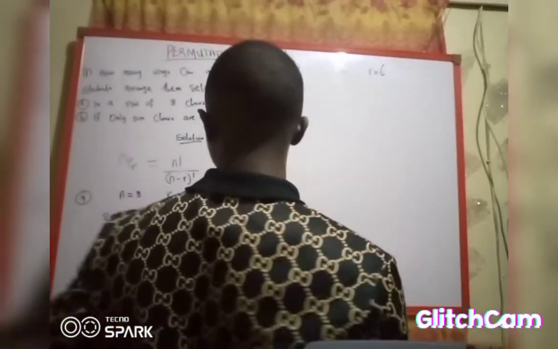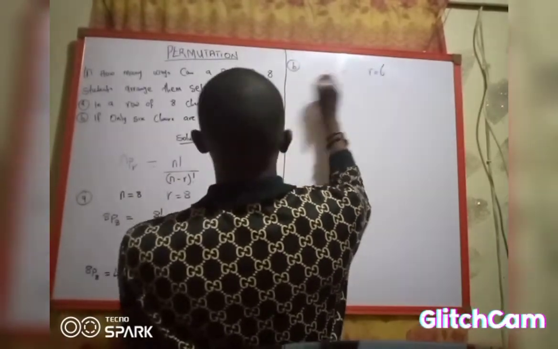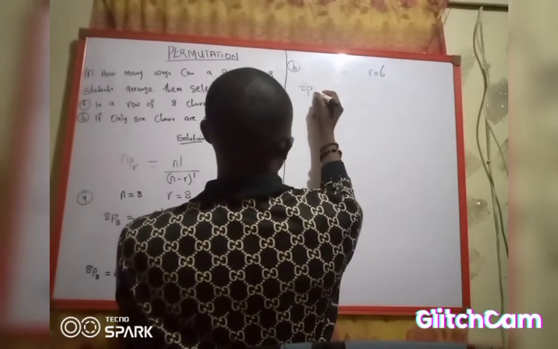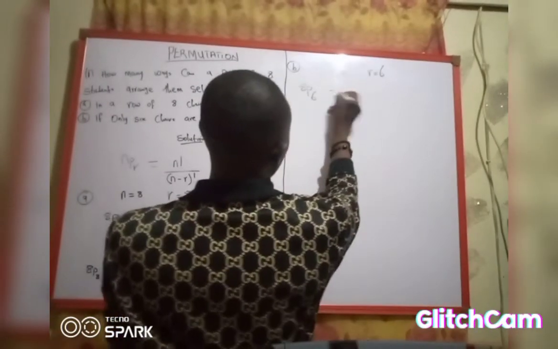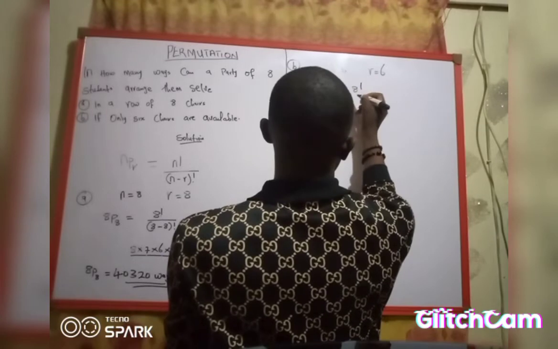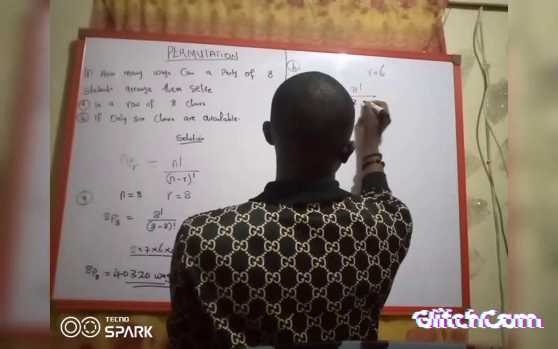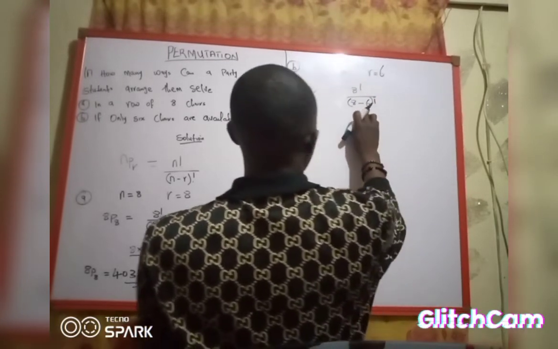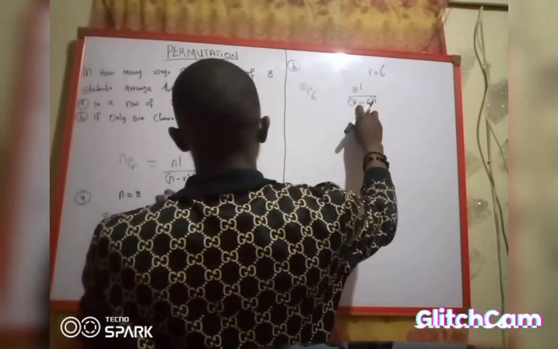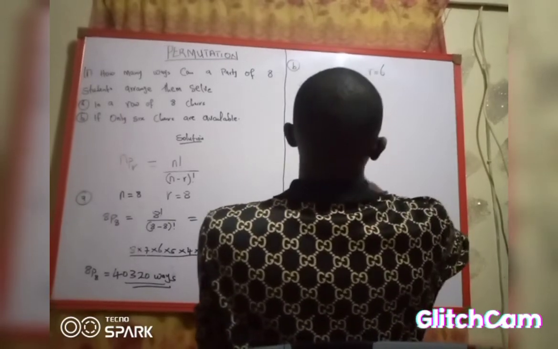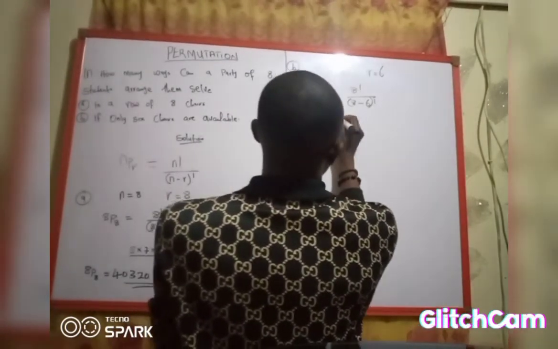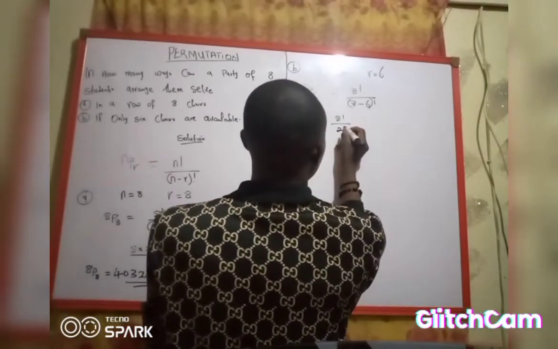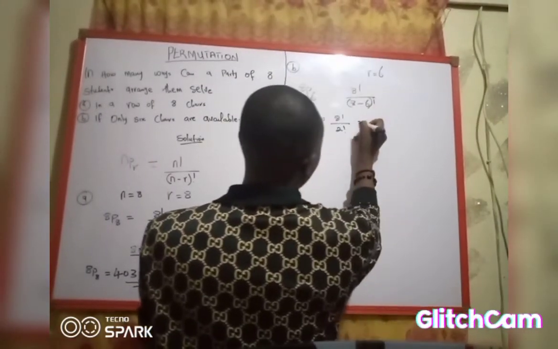We have 8 permutation 6, which should be equal to 8 factorial all over (8 minus 6) factorial. My r is the number of arrangement, which is 6 here. So this is equal to 8 factorial all over 8 minus 6, which is 2 factorial.